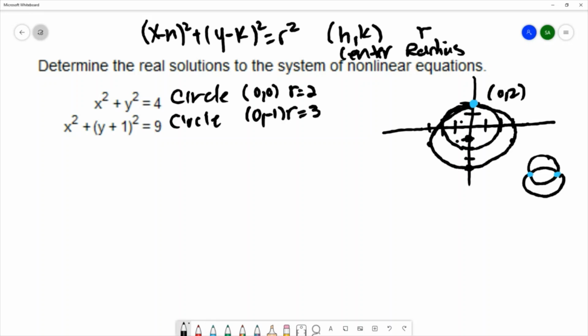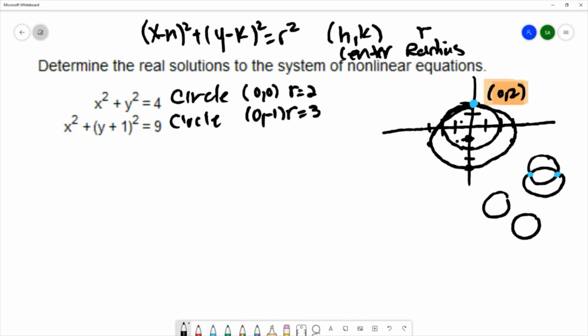And it's also possible for them to intersect in no points. So we could have no solution, 2 solutions, or 1 solution. So I'm guessing that this is the solution, but we're going to solve it using algebraic techniques, and that's with either substitution or elimination.